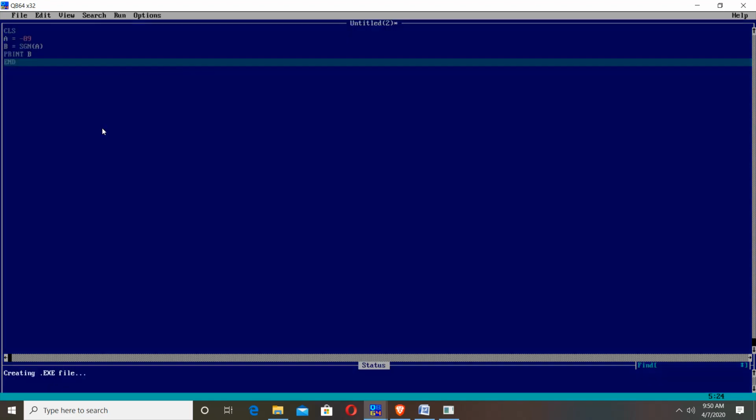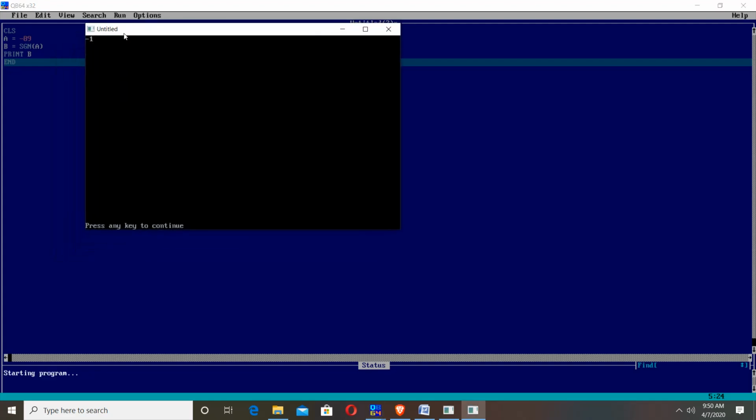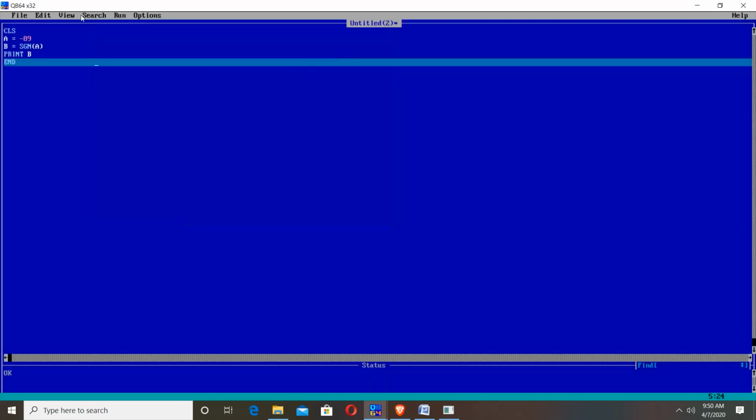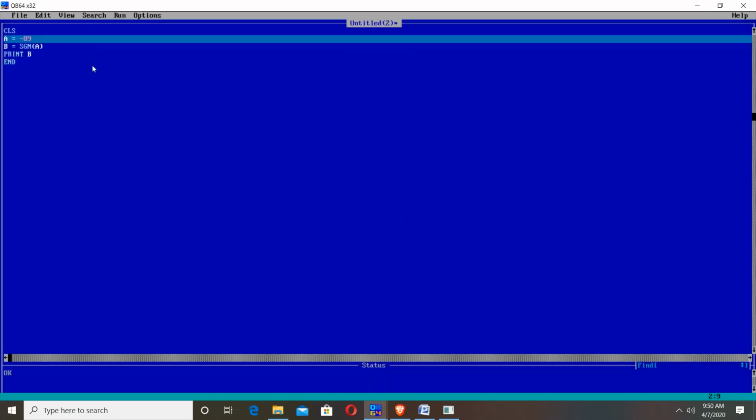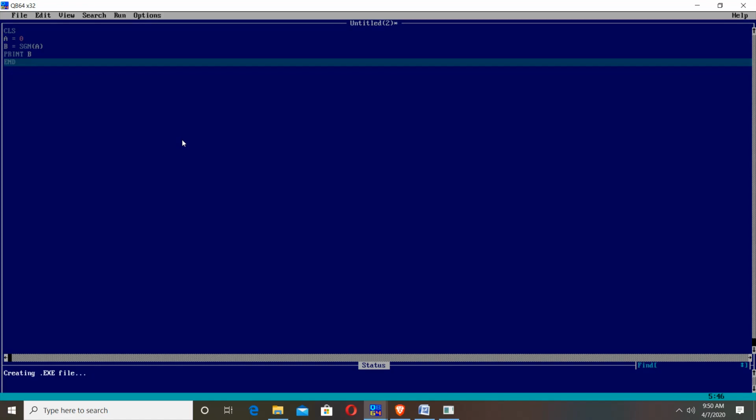Now let's check this. Okay guys, just see here, the value of b is -1. That means whenever any negative number is used, sgn retrieves -1. Now suppose you write here 0, that means the value of a is 0, now what will be the output? Just press F5 and check.